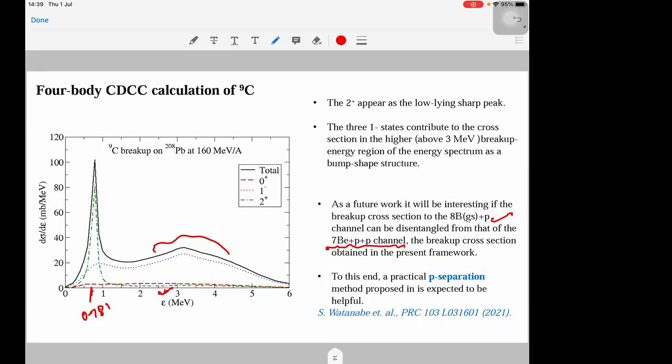But we still need to work on it, whether we need modifications or can use it directly. But this is an interesting direction to make use of that practical approach developed by Watanabe-san.